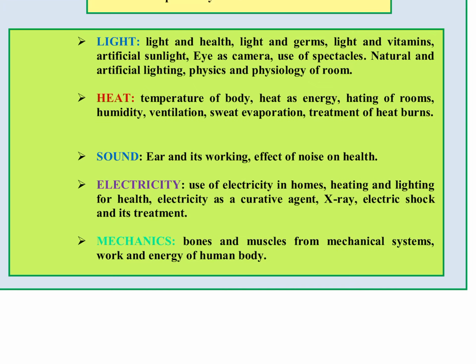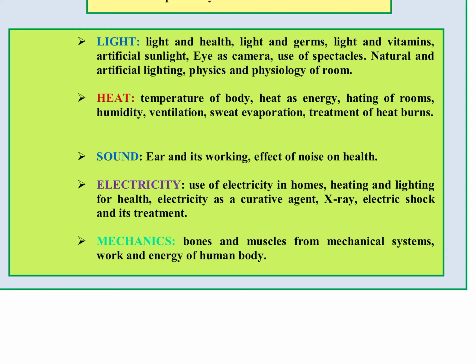Similarly, in mechanics, examples like bones and muscles come from the mechanical system. How our bone joints and muscles function has a direct relationship with the knowledge of mechanics. And work and energy of the human body. The human body is the biology part, and how does it work?